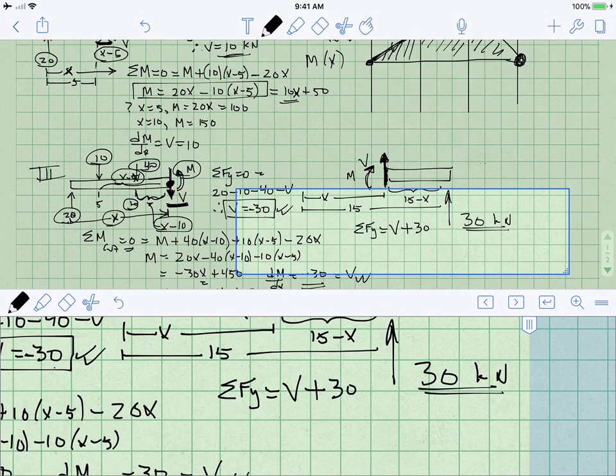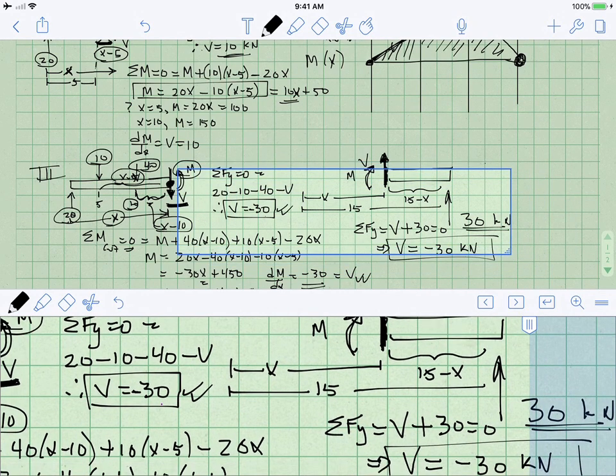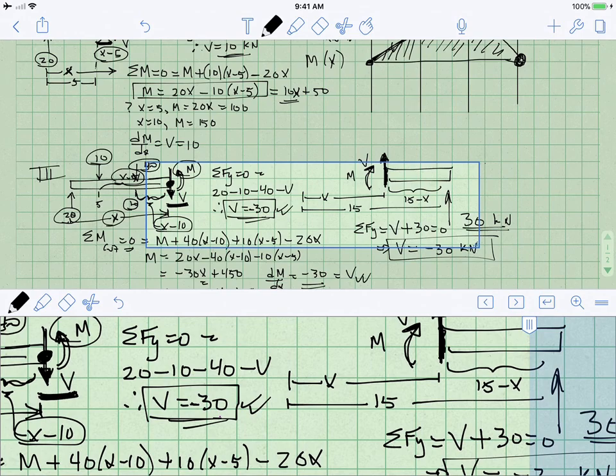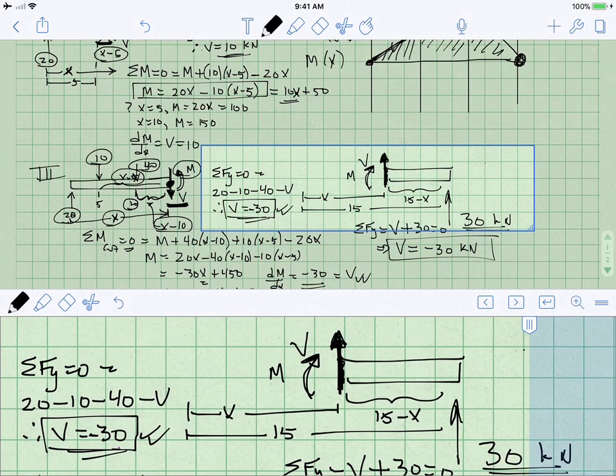That is equal to 0. When I solve for V, which is the symbol for shear, I get that shear is equal to minus 30 kilonewtons. Well, that's good. That's what we were hoping we would get. That's what we had before. This will be true if you've correctly been managing these directions of shear on the left and right-hand side of the beams.